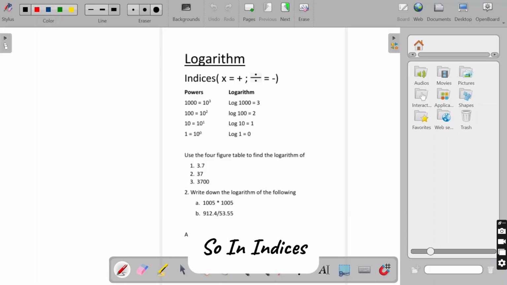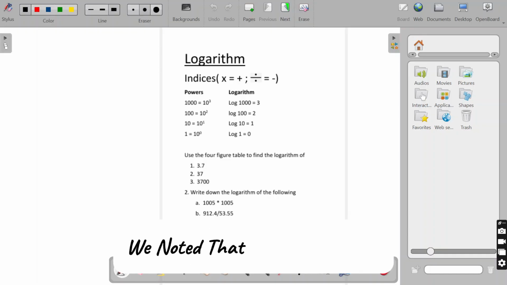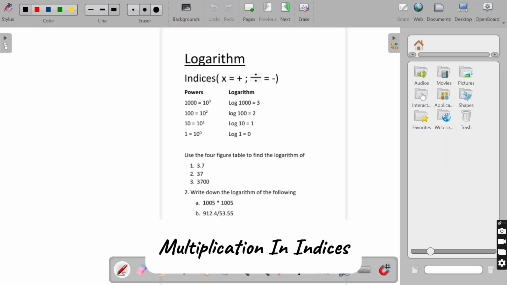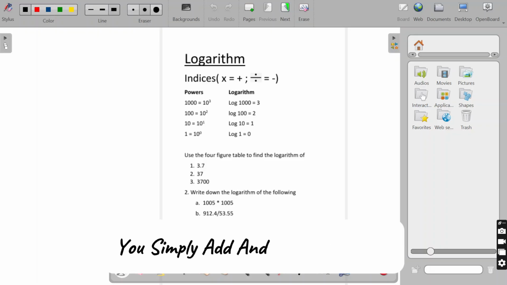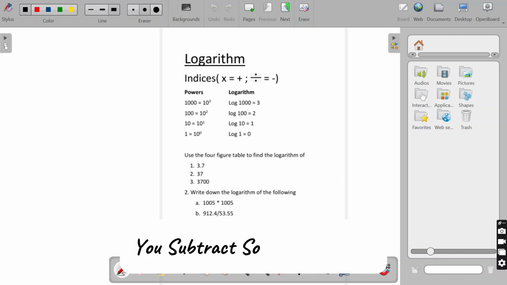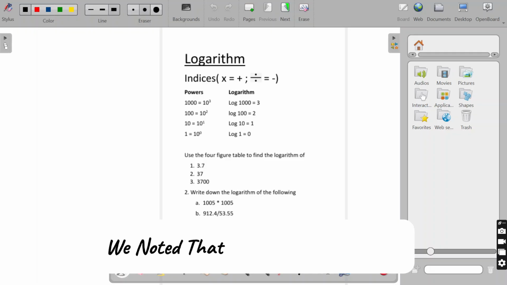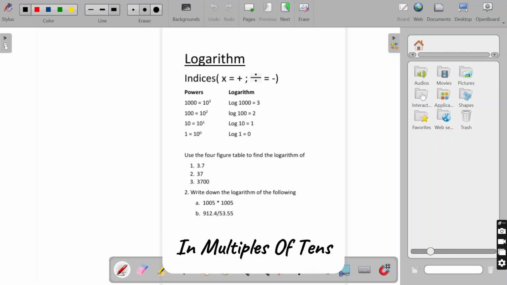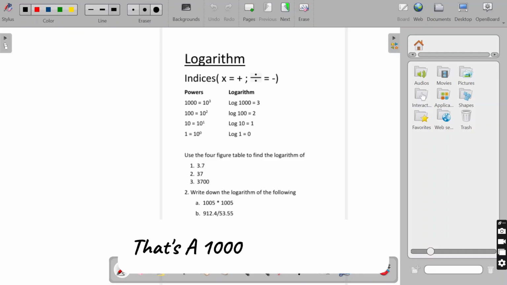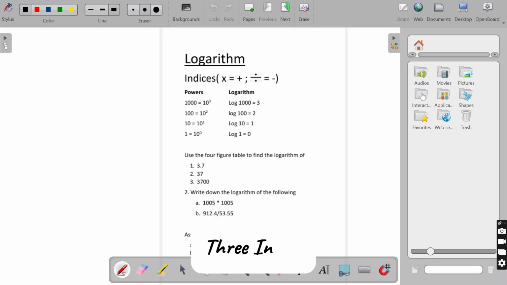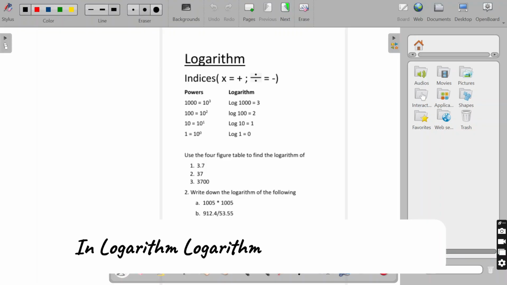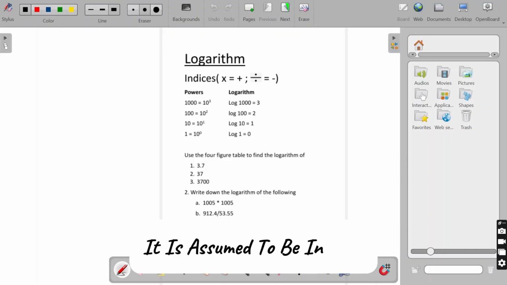In indices, we noted that when we have multiplication, you simply add, and when there's a division, you subtract. As a way of revision, 1000 is 10 raised to the power 3. In logarithm, except where defined, it is assumed to be in base 10.